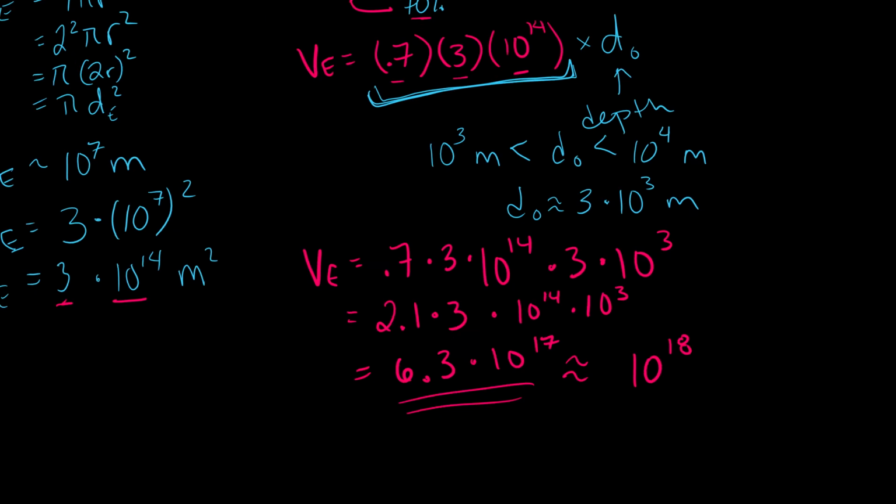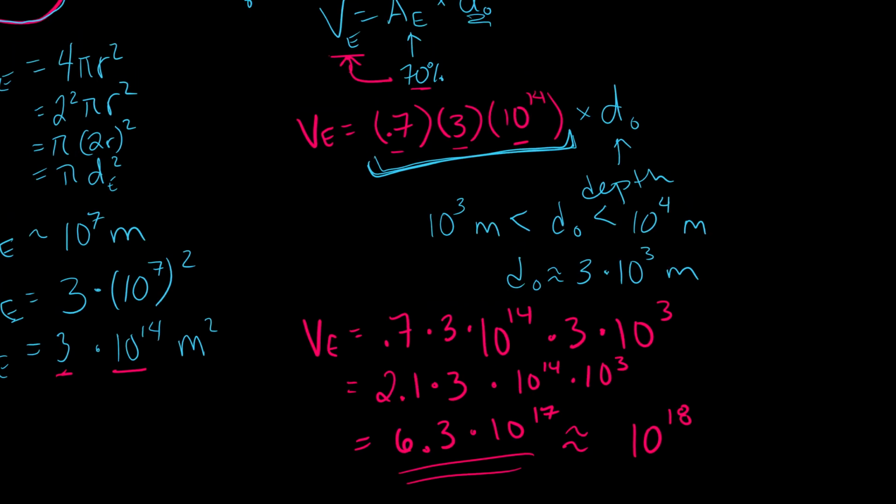If we take this part right here, that had the units of meters squared. Right here, this 10 times 10 to the 3, had the units of meters. So this is meters cubed.